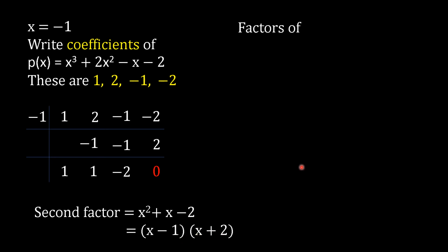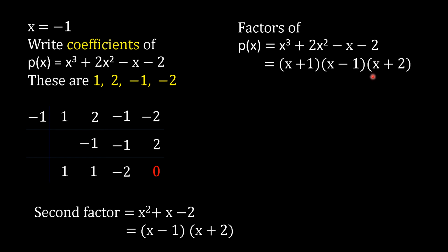So the factors of p(x) equals x cubed plus 2x squared minus x minus 2 will be the initial factor x plus 1, which we have already found out, and the two factors which we have just found out, x minus 1 and x plus 2.